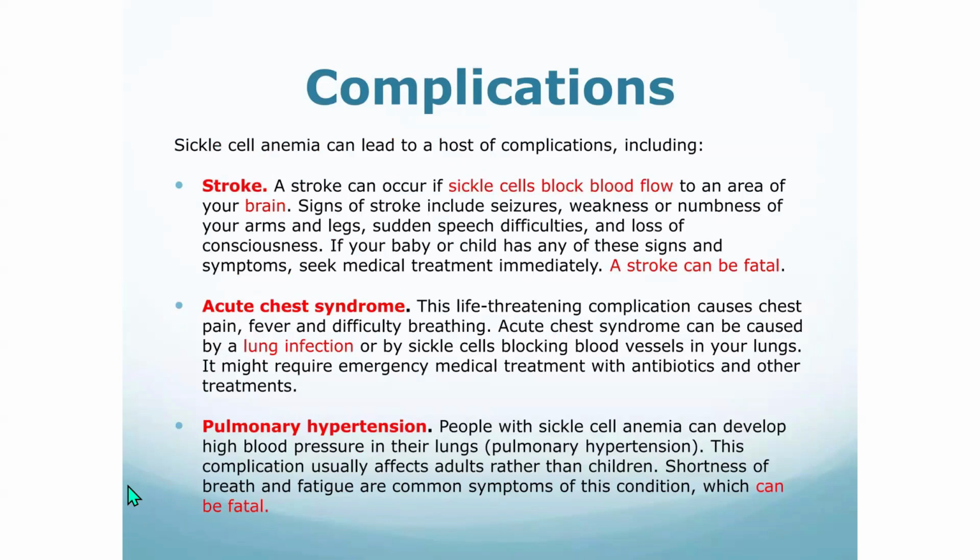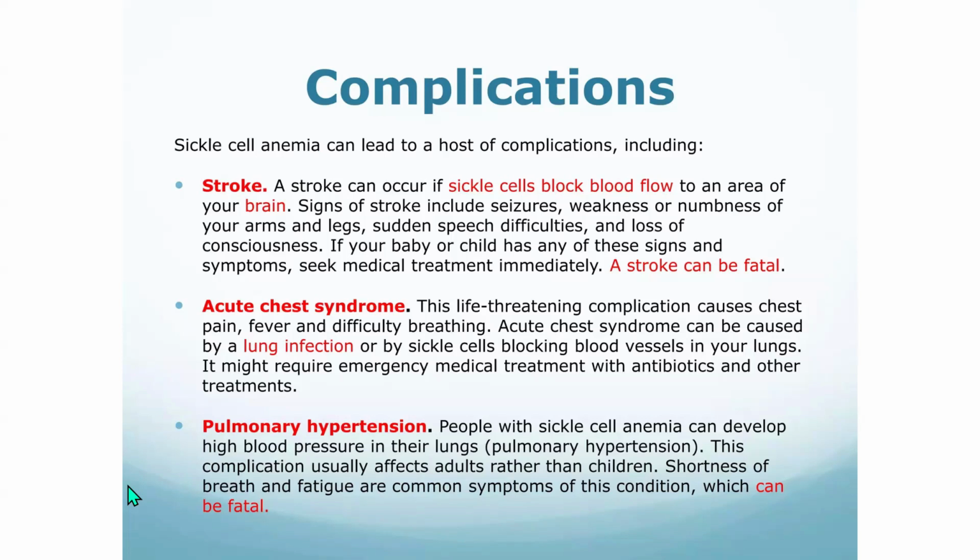Signs of a stroke include seizures, weakness or numbness of your arms and legs, sudden speech difficulties, and loss of consciousness. If your baby or child has any of these signs and symptoms, seek medical treatment immediately. A stroke can be fatal.